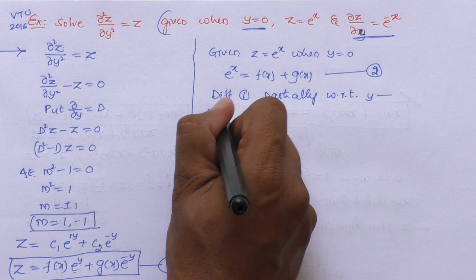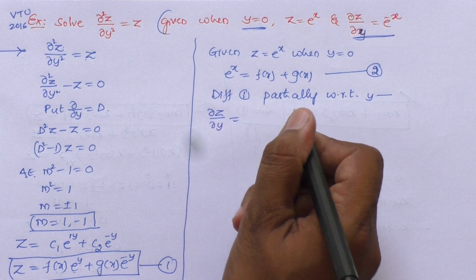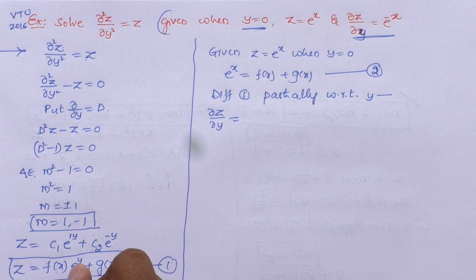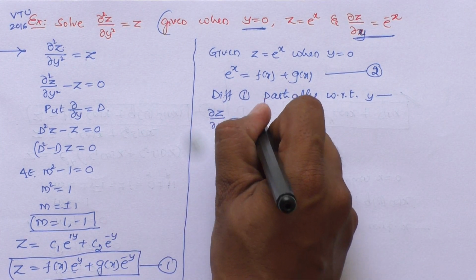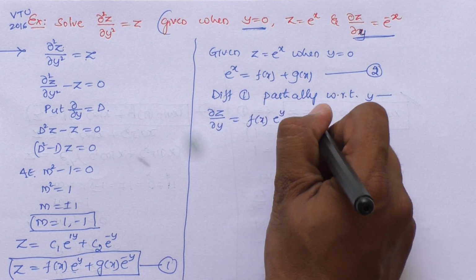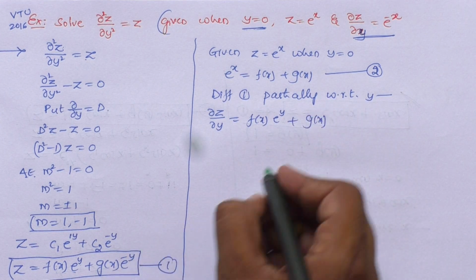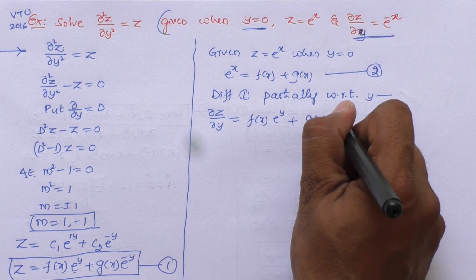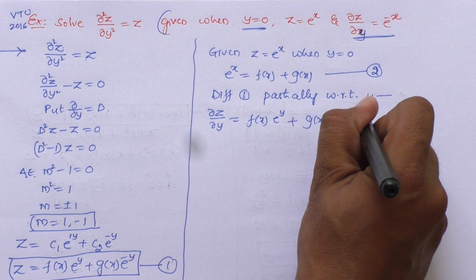So we get dou z by dou y equal to f of x e raised to y differentiation, e raised to y, plus g of x e raised to minus y differentiation, minus e raised to minus y.